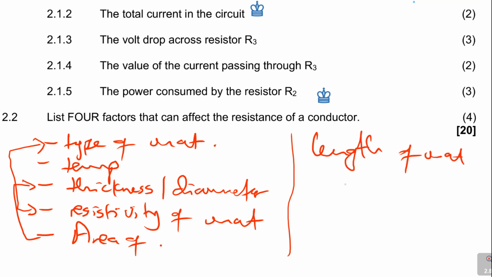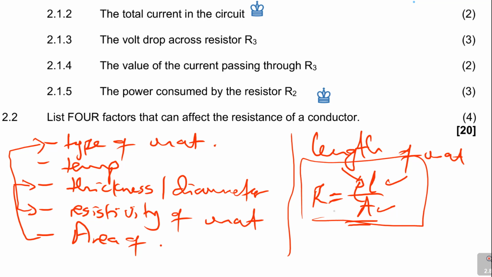It's just that I don't have my formulas, but there is a formula, is what is ρL over A, resistivity. Where the area, which is the diameter, is involved here, the thickness, the resistivity, the length, and the temperature. Remember, so these are the factors that will affect.